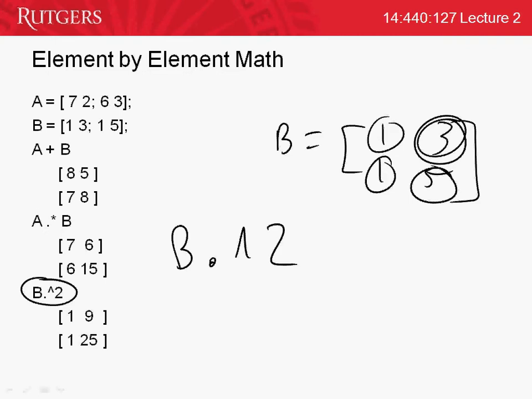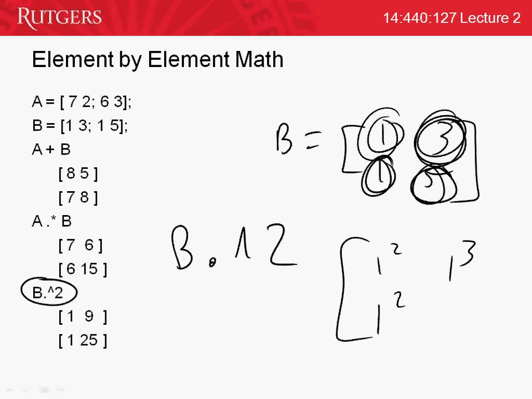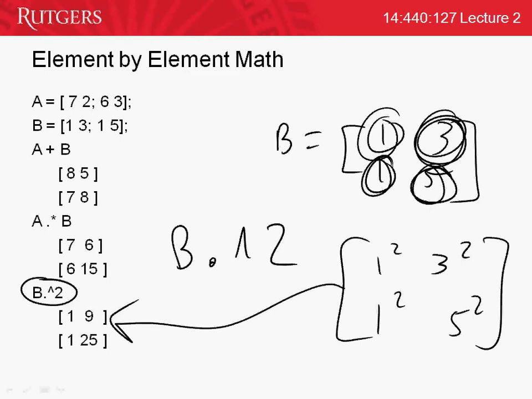It'll say 1 squared, 3 squared, 1 squared, 5 squared, and that gives us the following matrix: 1, 9, 1, 25.